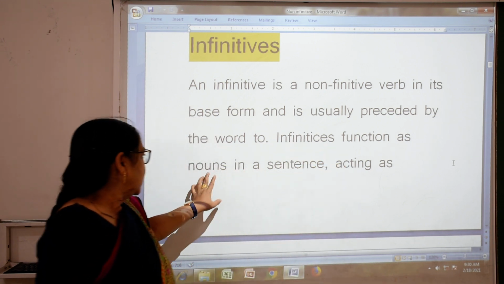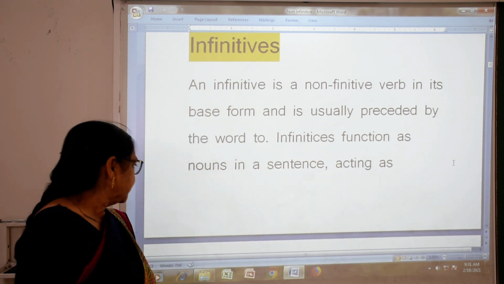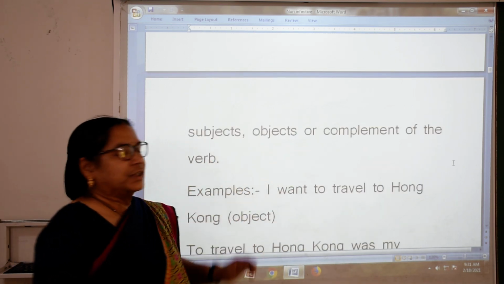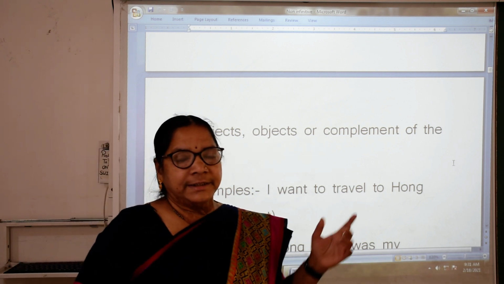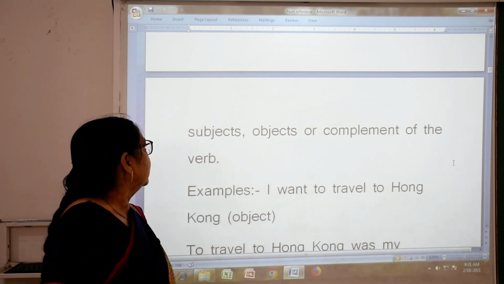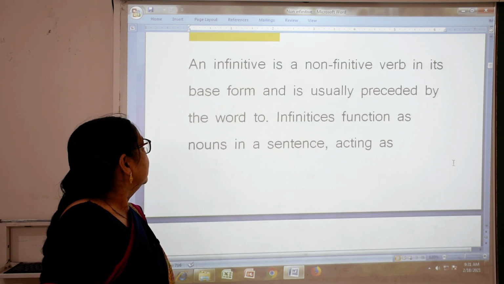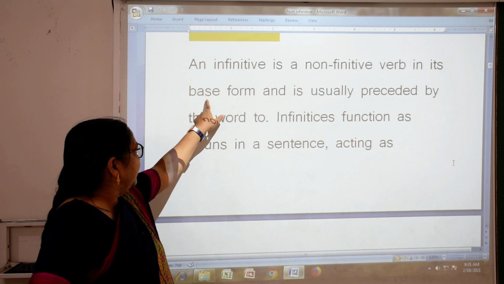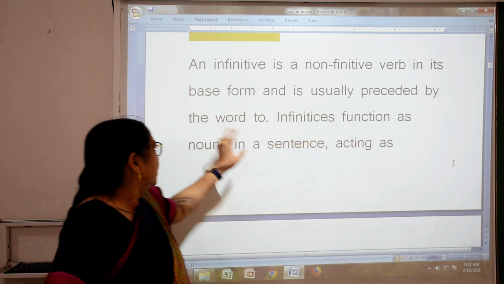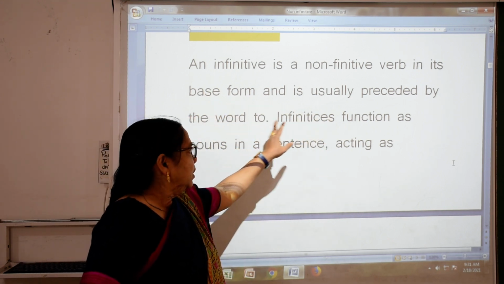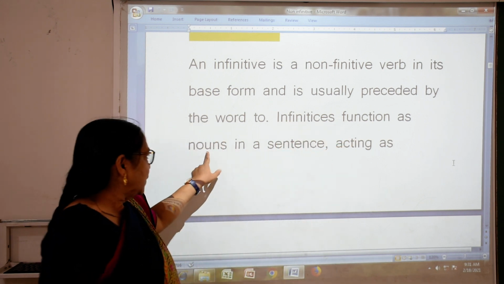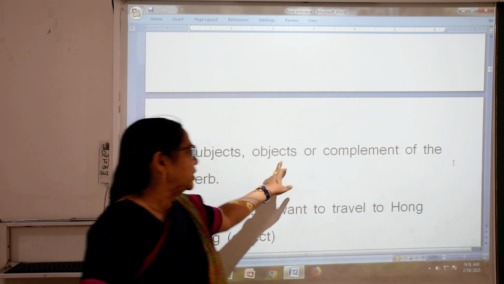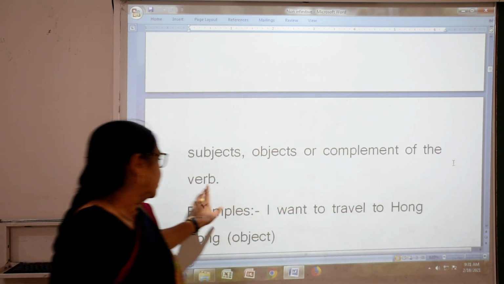Infinitives function as nouns in a sentence, acting as subject, object, or complement of the verb.